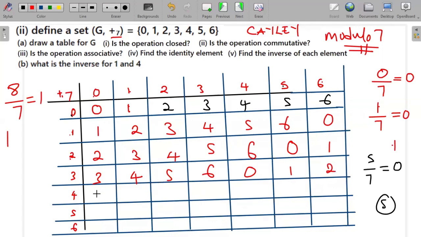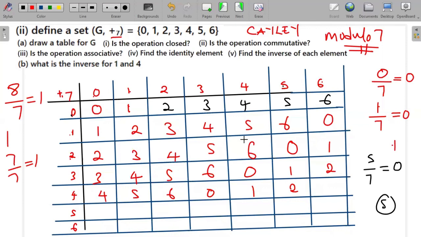Okay, all right, the 4, we do the same. 4 plus 0, that will be 4, plus 1, that will be 5, plus 2, that will be 6, 4 plus 3, 7. I can't write 7 here. I'll say 7 divided by 7 is 1, remainder 0. So I put 0 there. 4 plus 4, 8. 8 divided by 7, 1, remainder 1. 4 plus 5 gives me 9. 9 divided by 7, 1, remainder 2.